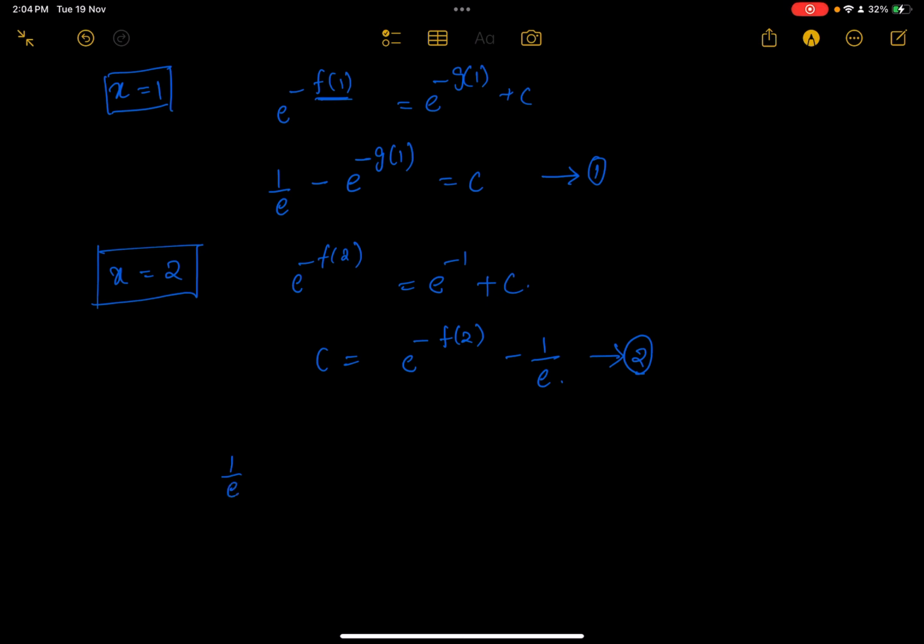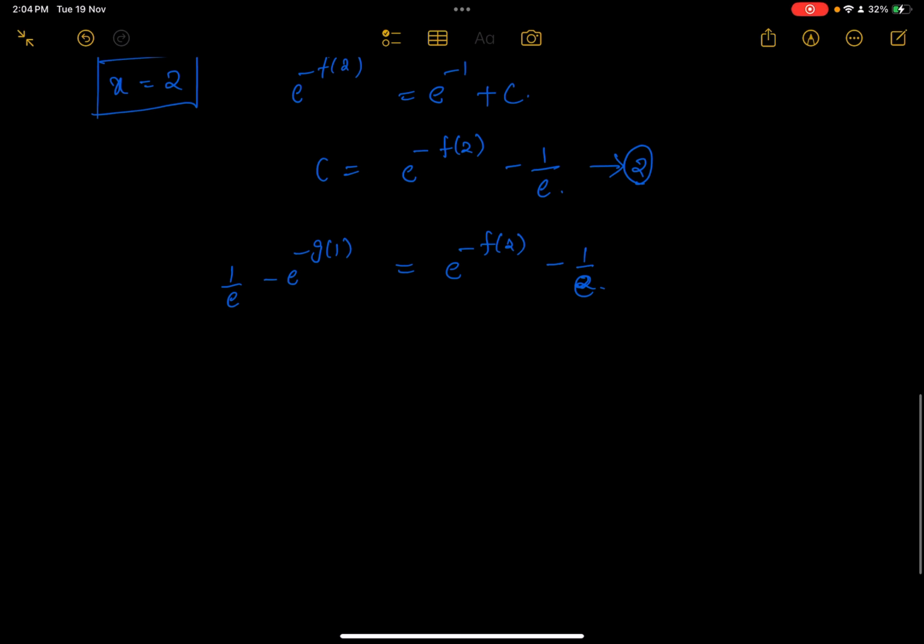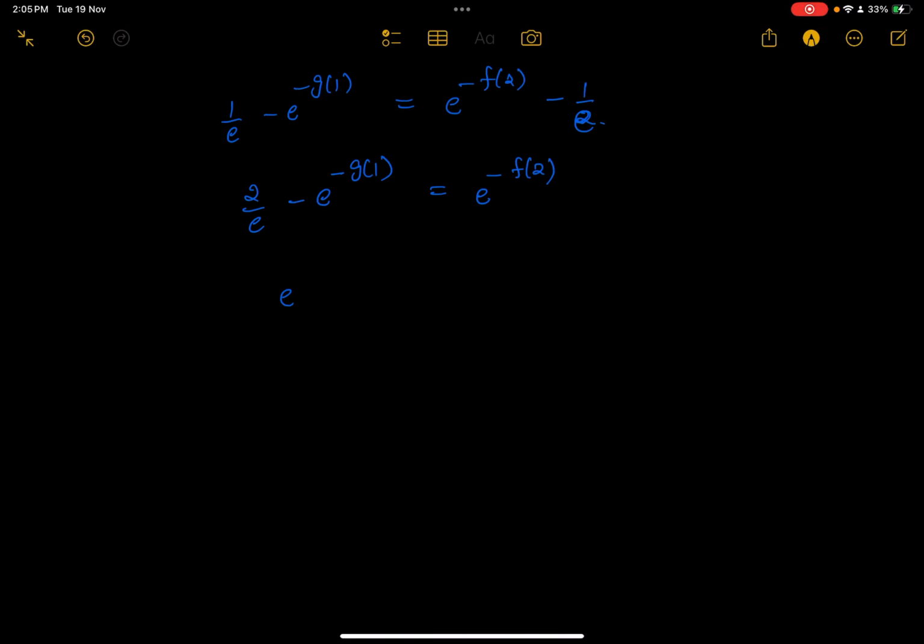That will give you 1 by e minus e to the power minus g of 1 is equal to e to the power minus f of 2 minus 1 by e. So this will be 2 by e minus e to the power minus g of 1 is equal to e to the power minus f of 2. So if you see, e to the power f of 2 will be 1 by 2 by e minus e to the power minus g of 1.